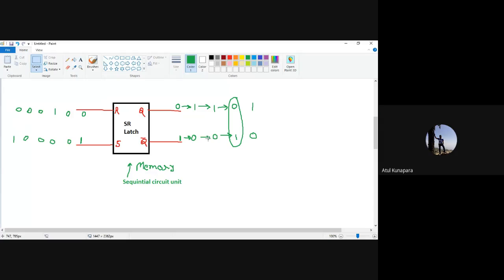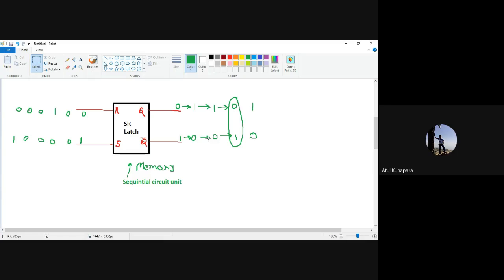So this latch means it is the smallest part of memory. Many of this type of latch when combined together will increase your size of memory. Like when we said 1-bit memory, it is 1 SR latch. If you say 8-bit memory, it will have 8 SR latches inside, so that is going to store 8 bits. Likewise, when I have 1 MB, 1 MB means 1 megabyte.